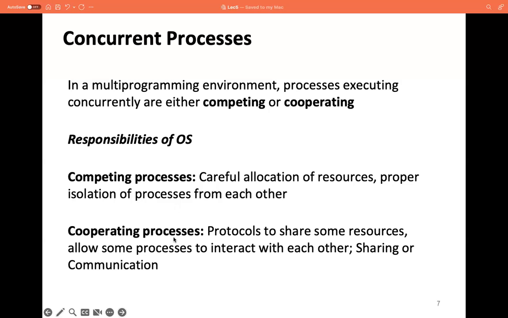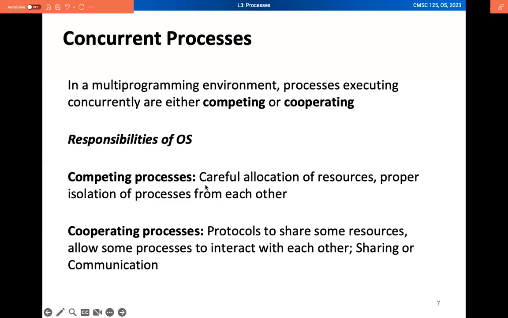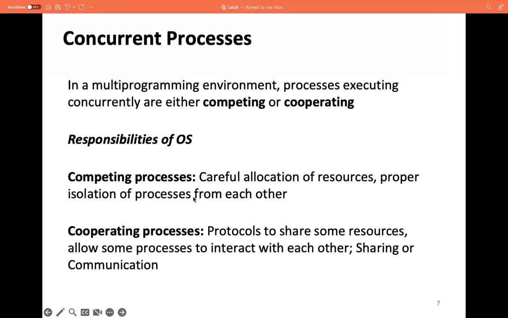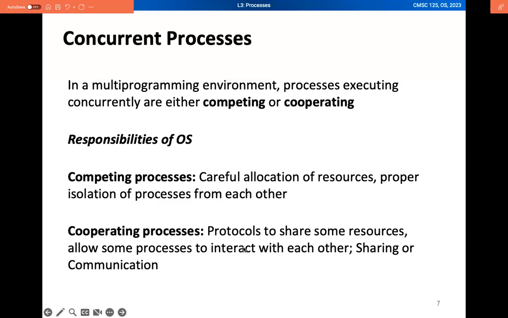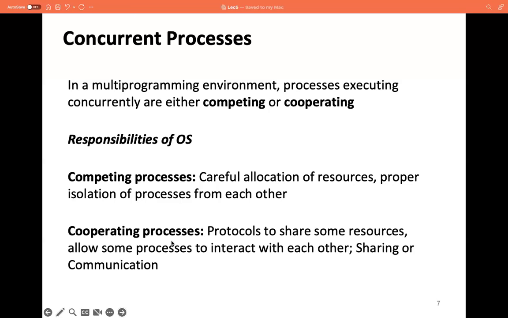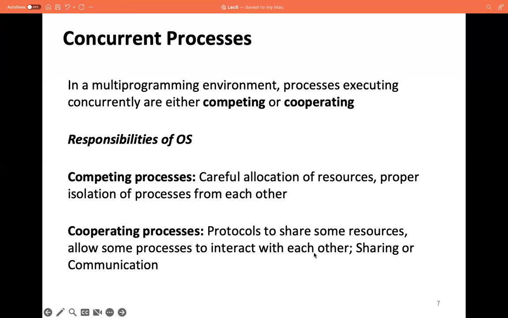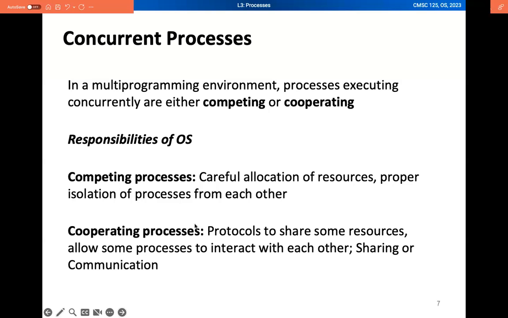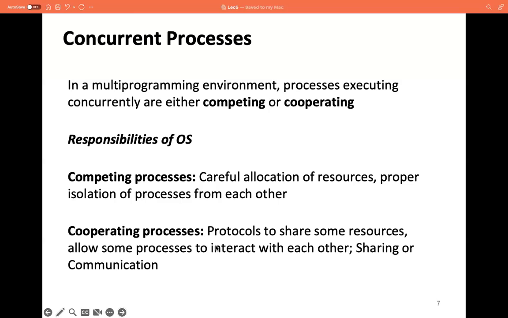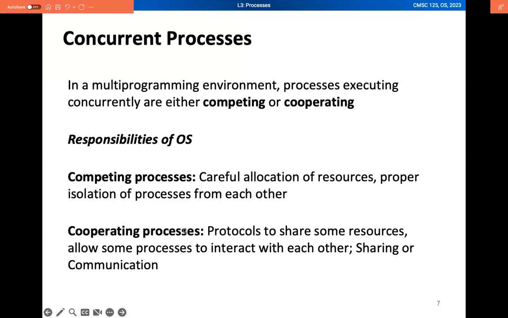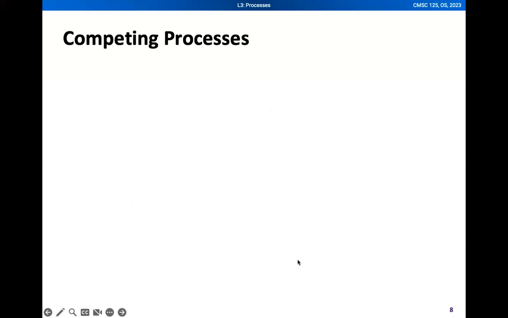So what's the difference between competing and cooperating? Competing processes are independent processes, so the OS needs to properly isolate them from each other. While cooperating processes share some resources and are allowed to interact with each other, so the OS needs protocols to allow these processes to share these resources.